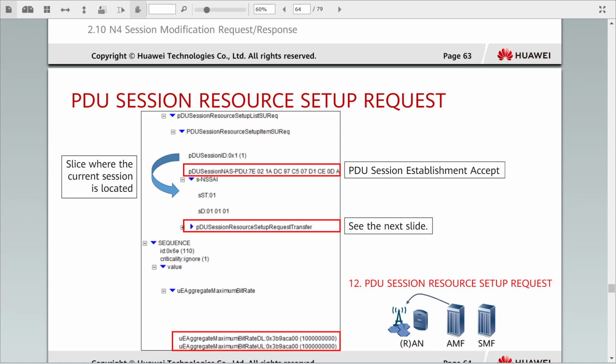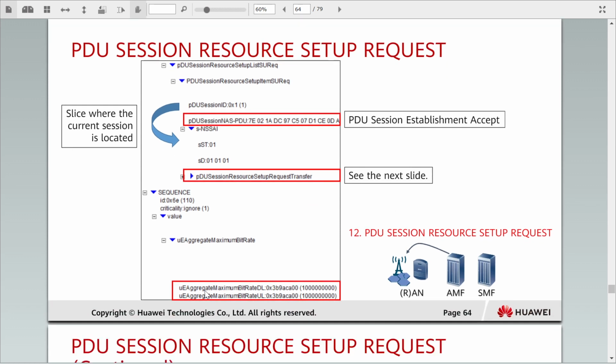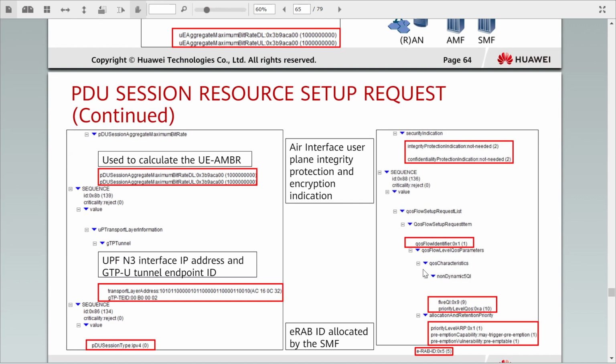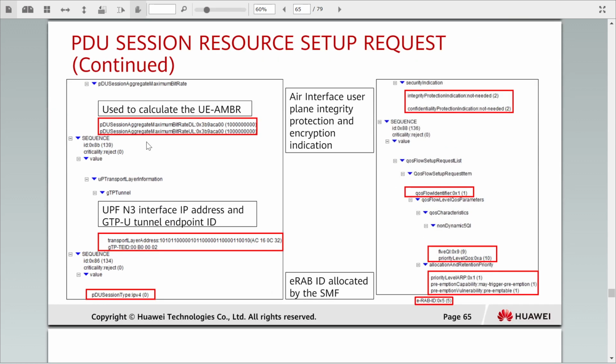Then you can see that the AMF will send to the UE the message which has the PDU session NAS PDU identifier. Then the request transfer, the UE aggregated maximum bitrate uplink and downlink that it needs to keep, used to calculate the UE MBR, the UE UPF N3 interface IP address and the GTP-U tunnel ID.